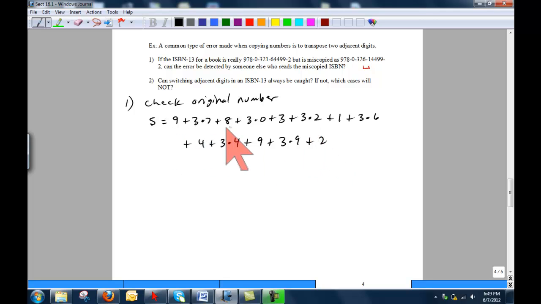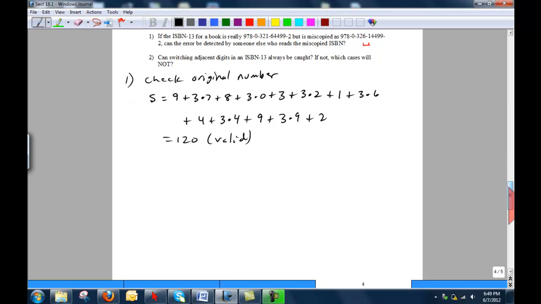The pattern 1, 3, 1, 3, 1, 3 on the coefficients, and then reading off the digits in the ISBN in order. This works out to be 120. So this number is valid. The problem told us that it was, but I was just double checking, and then I want to use this sum to compare.